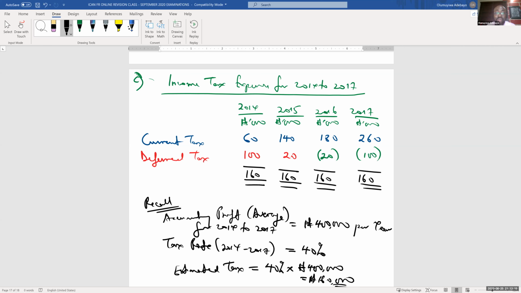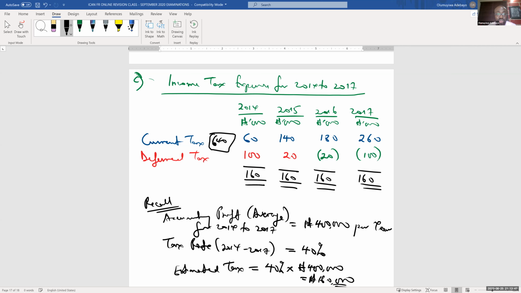When you sum everything together, how much are you required to have paid as current tax over a 4-year period? Can we sum it together? 640.